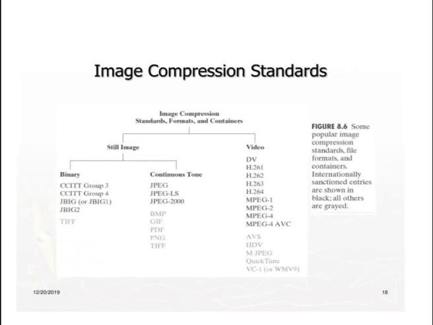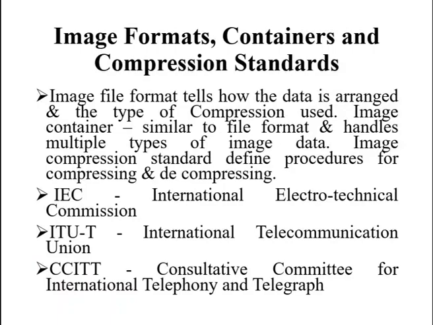The source symbol may be either the intensity of an image or the output of intensity mapping operations like pixel difference, run length, etc.